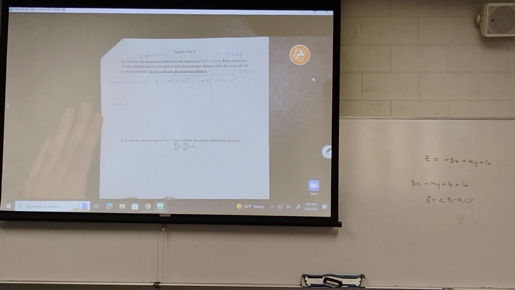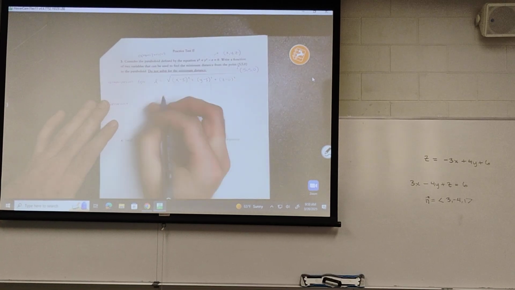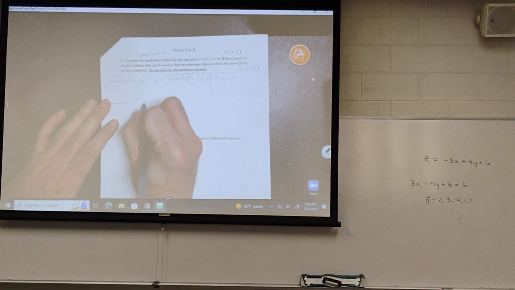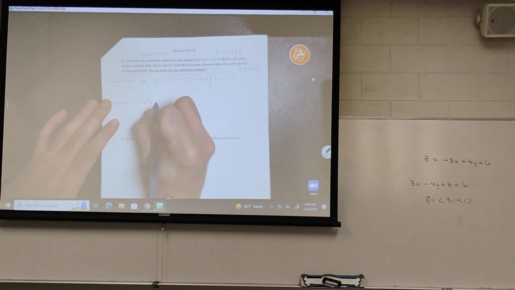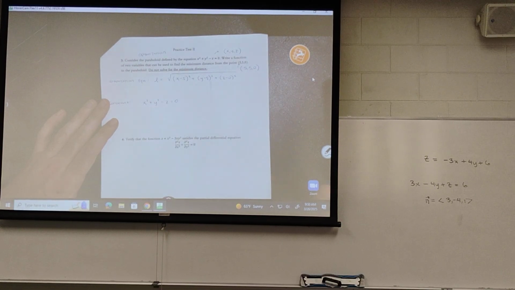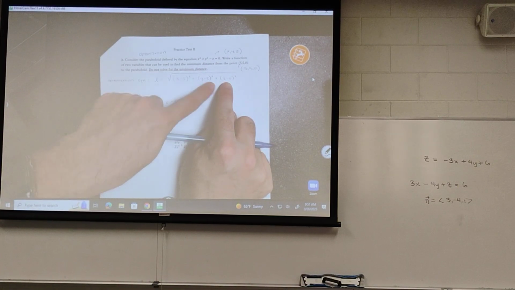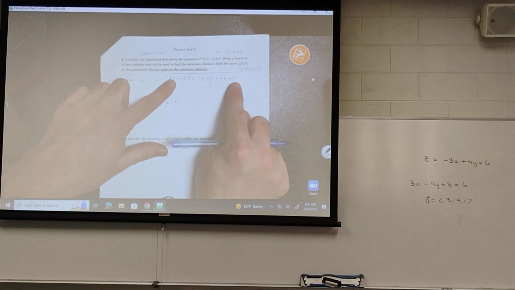And what is my constraint? Z equals x squared plus y squared. Yes. So just grabbing the equation of the paraboloid that they gave me, I want to plug something in for z so that I'm only left with x and y for the whole equation.